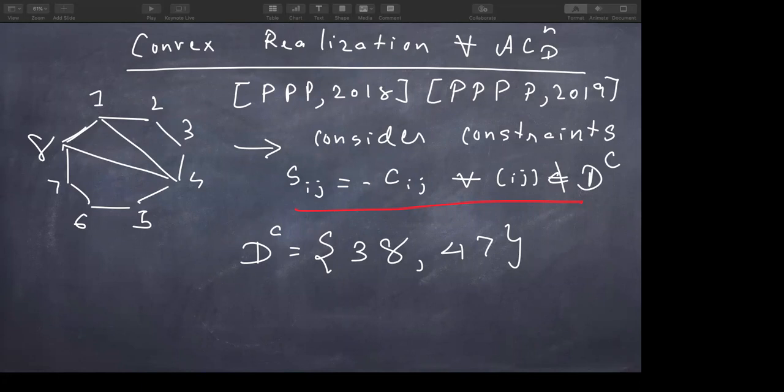This is not even a pure dissection. It breaks the 8-gon into 2 triangles and 1 quadrilateral. So this is a bit of a weird Accordiohedra, but we can get a realization of it in kinematic space just by putting S_ij equal to minus C_ij, where ij are not 3, 8 and 4, 7. That's it. And we can check that it gives you a convex, nice realization of this Accordiohedra.